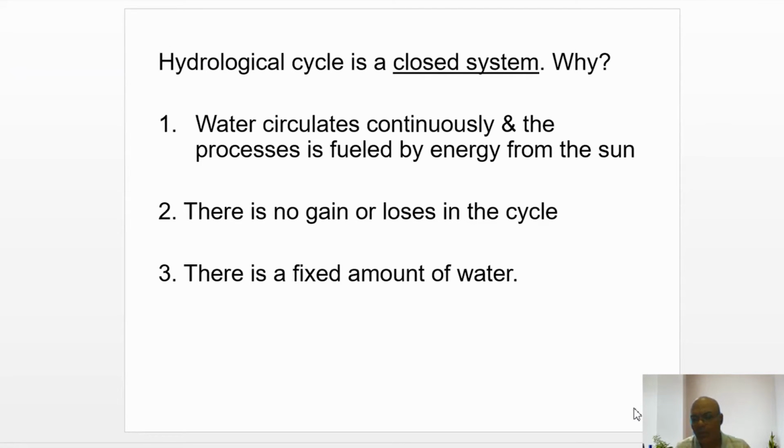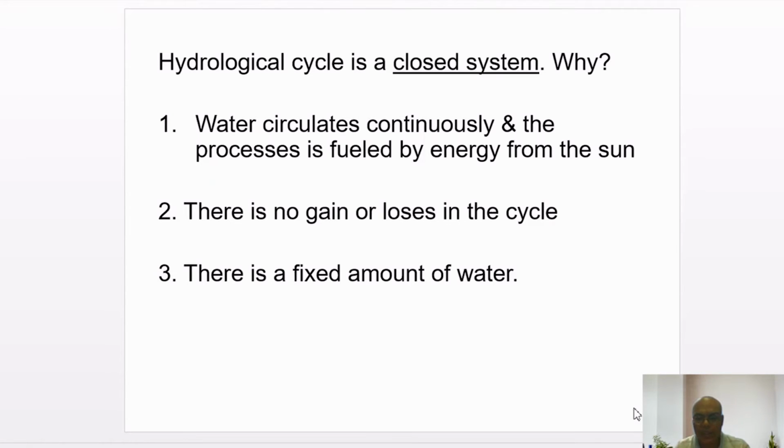When inflow is equal to outflow, that is called a closed system. If inflow is not equal to outflow, then it is an open system. The hydrological cycle is a closed system, because every water drop is accounted for.